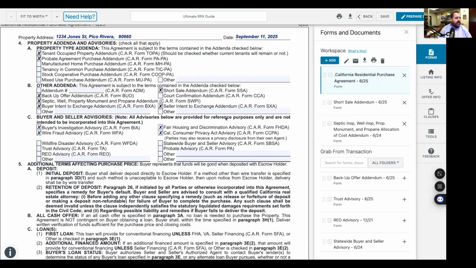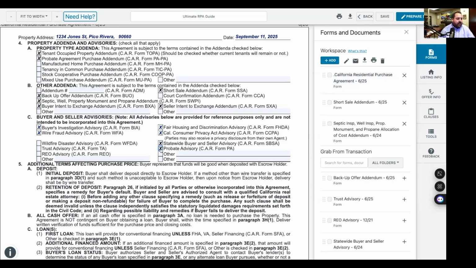Okay. We did that. The buyer investigation advisory, the wire fraud, the housing, the Consumer Privacy Act. We're all familiar with those. Those have always been included with our purchase agreements. We've seen them a number of times. The statewide buyer and seller advisory, I'll click that off. We'll look at it.